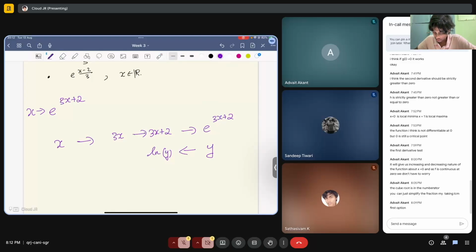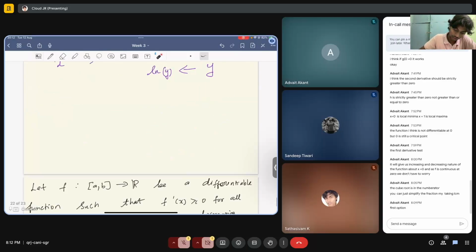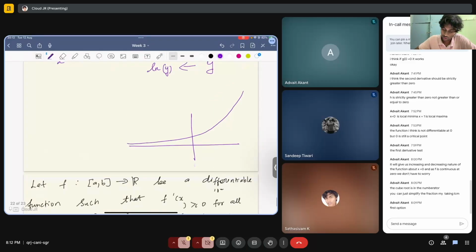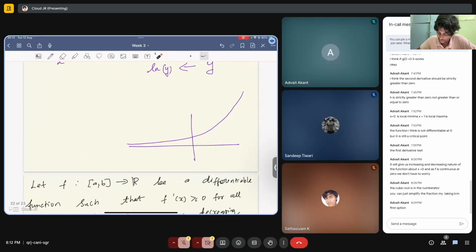But one thing you can observe here is that you have to look at the domain properly. The exponential function, x goes to e power x, looks something like this, right? The codomain of the function is the open interval 0 to infinity, not including 0.